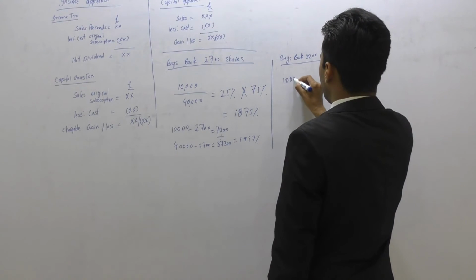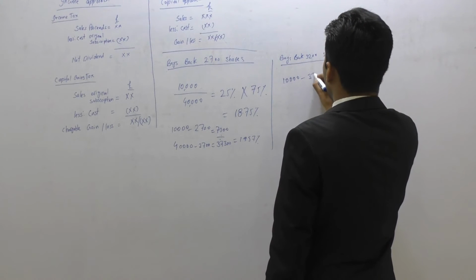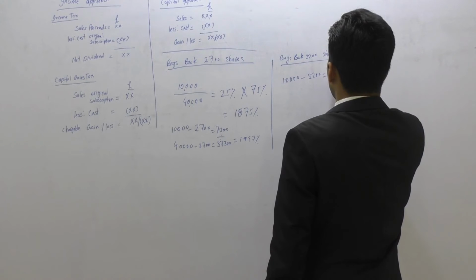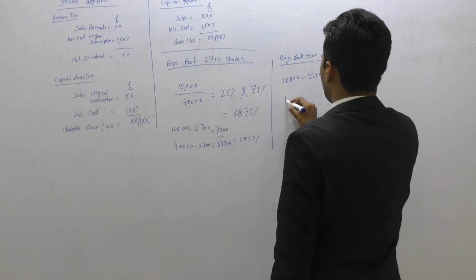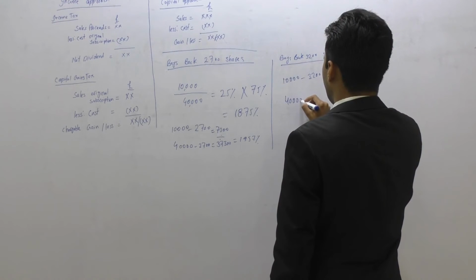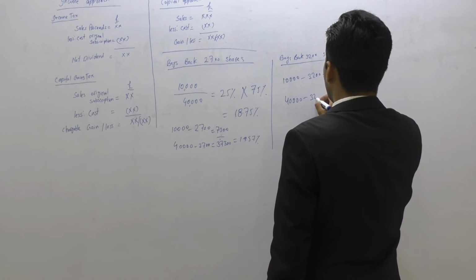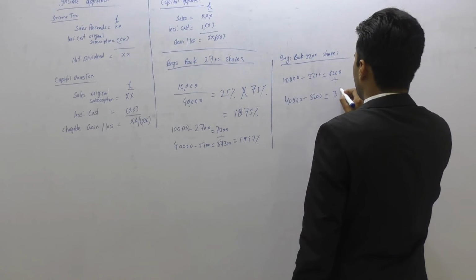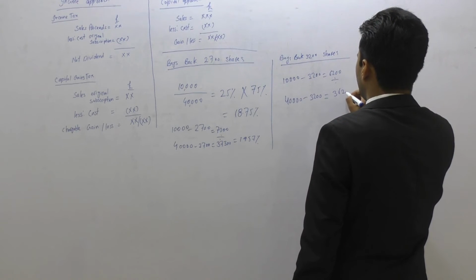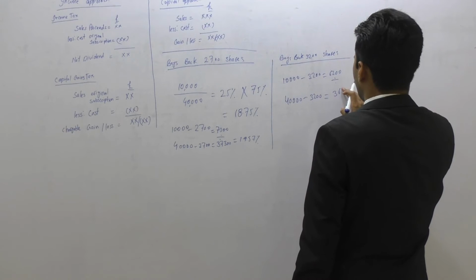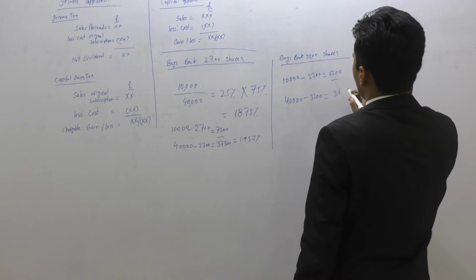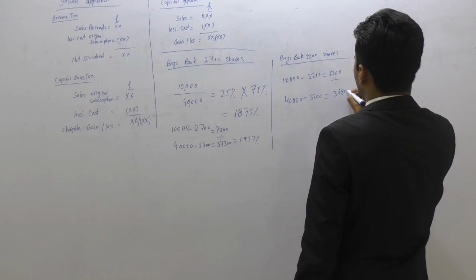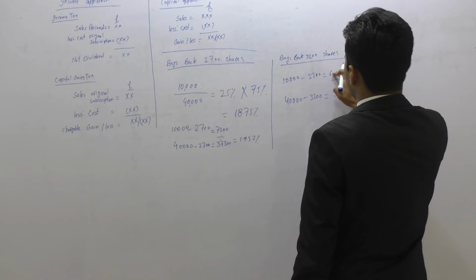So 10,000 current shares less the 3,200 shares the company is buying back would be 6,800 shares, divided by the total of 40,000 shares less 3,200, which is 36,800.